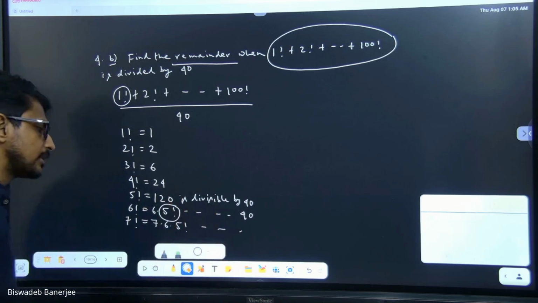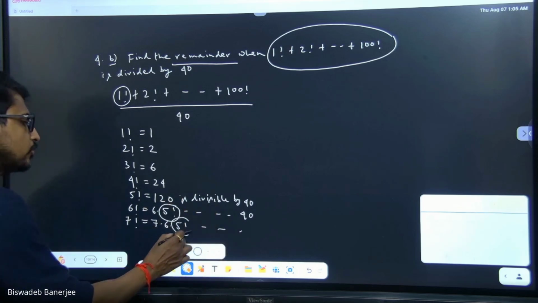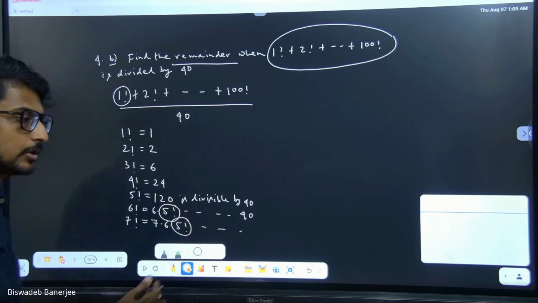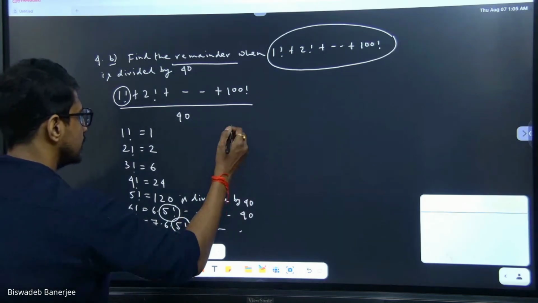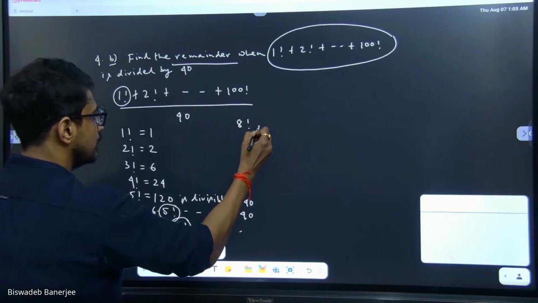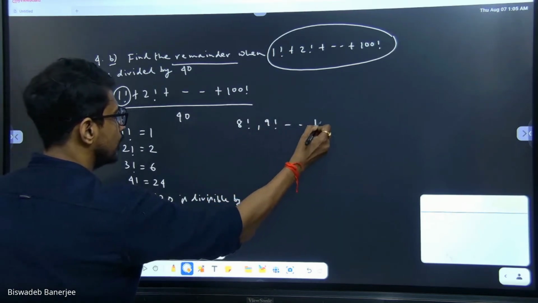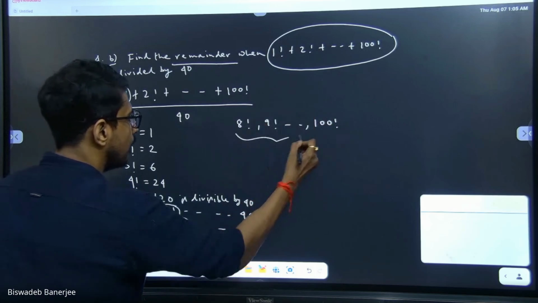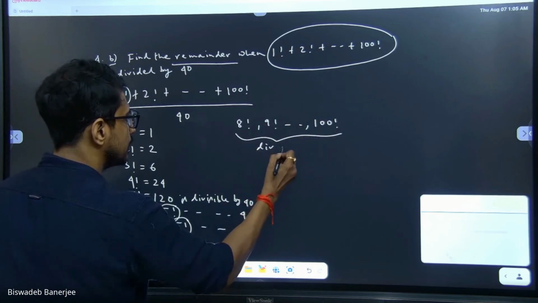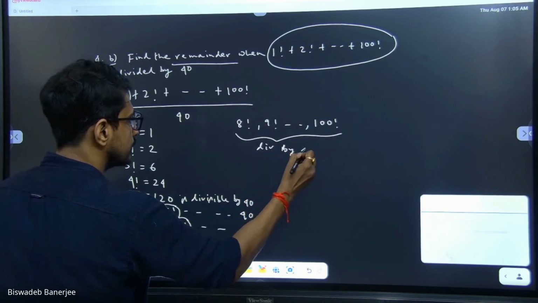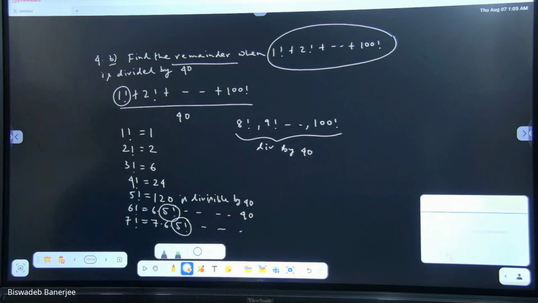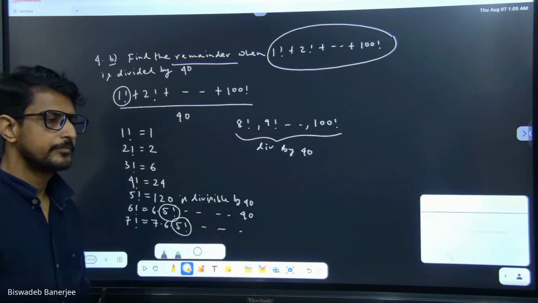It is also divisible by 40 because 5 factorial is divisible by 40. So like this, all the numbers 8 factorial, 9 factorial, dot dot dot, 100 factorial, all are divisible by 40, right?